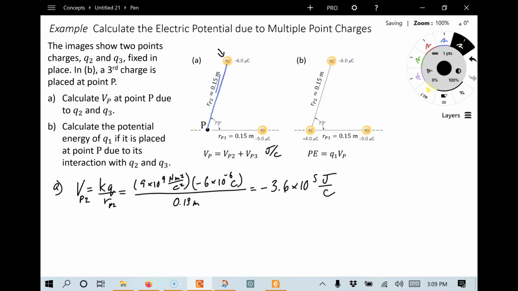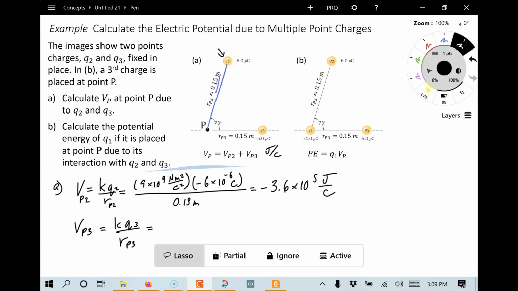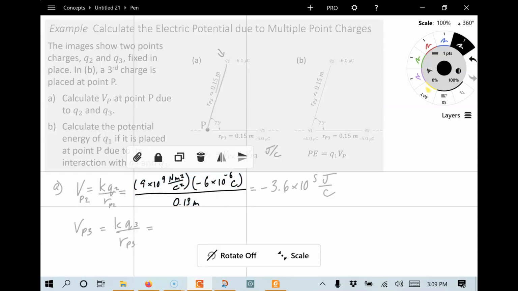Now let's repeat the calculation for the electric potential at point P due to charge Q3. I should put a 2 here. And then the distance from P to 3. We can use some of this information over again.